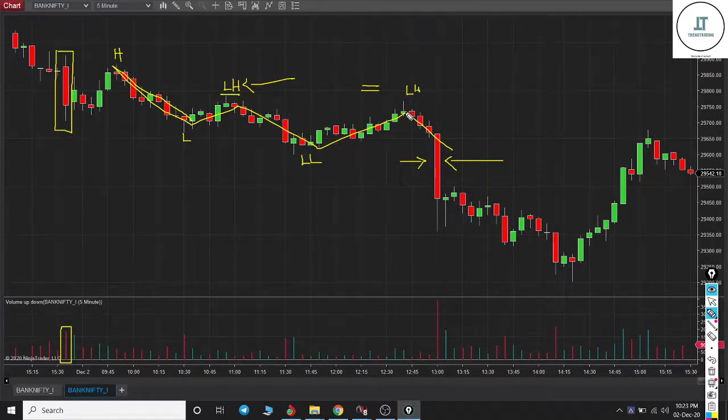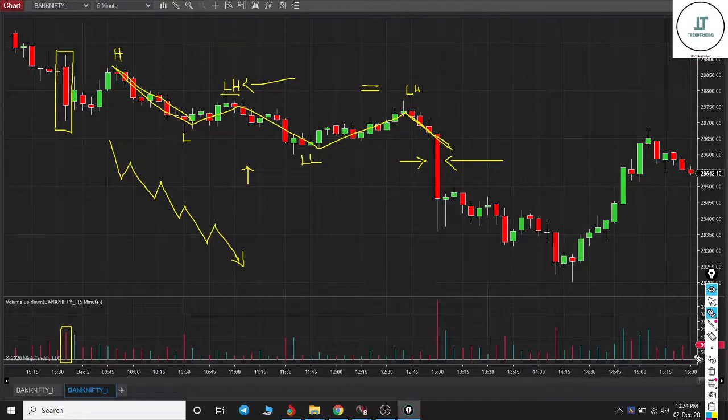When price started moving towards the downside, understand this was a gradual lower high and lower low, not a stronger down move, but a gradual move.